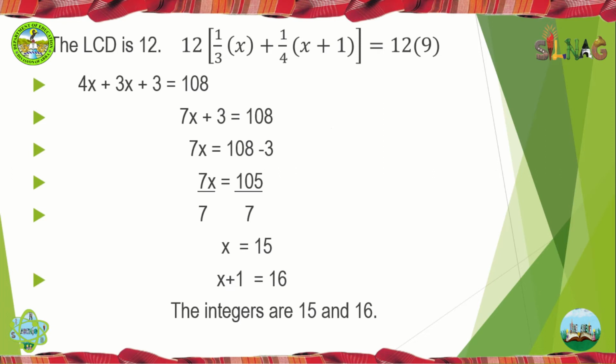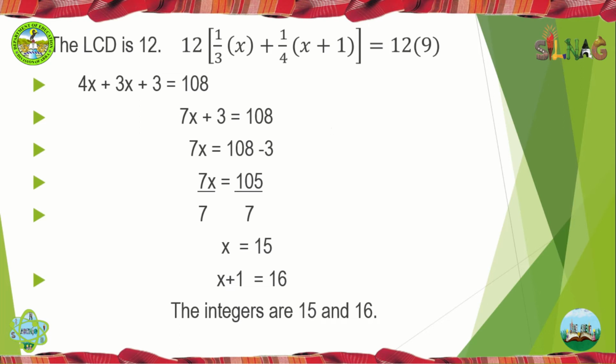Then 3 times 1 is 3. And then at the right side, 12 times 9 is 108. Then next, we combine similar terms. 4x plus 3x is 7x plus 3 is equal to 108.